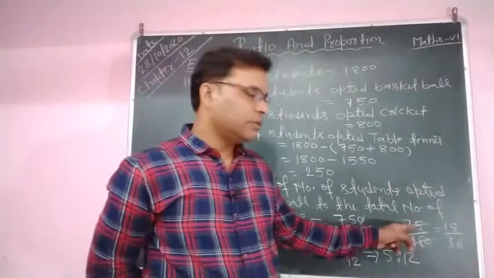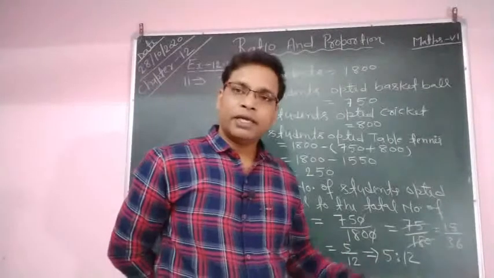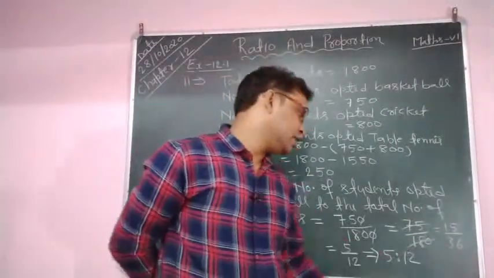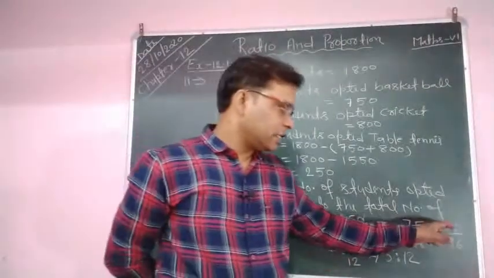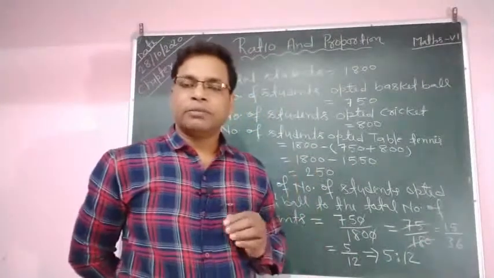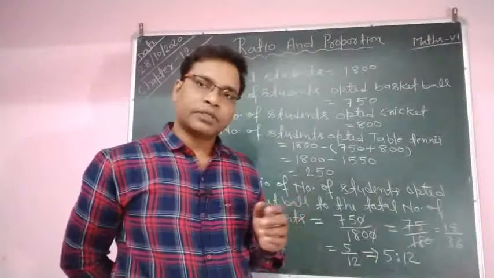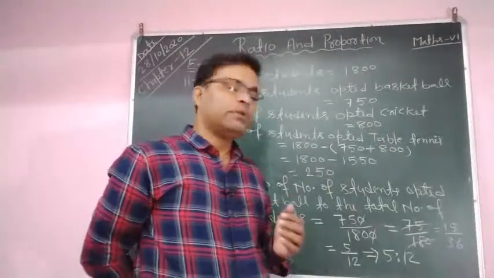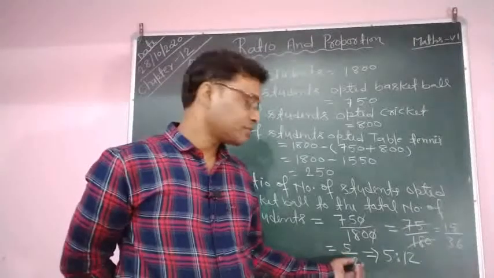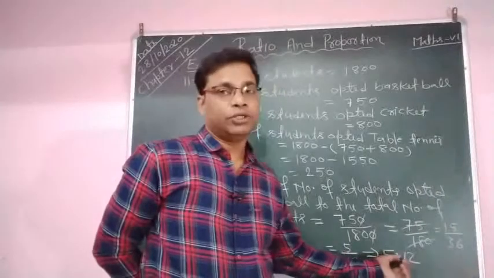If you divide 75 by 5, you have 15, and 180 divided by 5 gives 36. Now you can see 15 and 36 both have 3 in common, because 5 threes are 15 and 12 threes are 36. Again we divide 15 and 36 by 3, then we have 5 by 12. You can write 5 by 12 in the form of ratio 5:12.